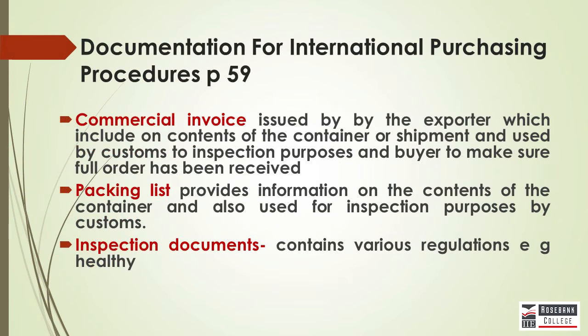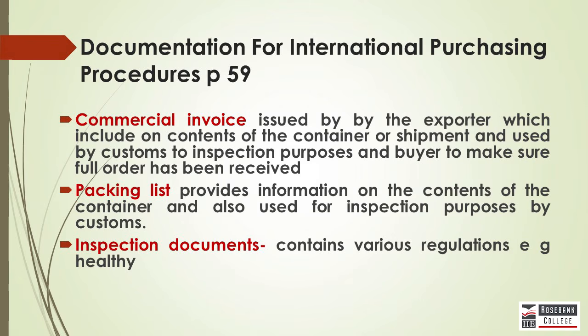There is also the invoice, or what we might call the commercial invoice. It is issued by the exporter, which includes the contents of the container or shipment and is used by customs for inspection purposes. And the buyer also uses it to make sure that the order has been fully received.